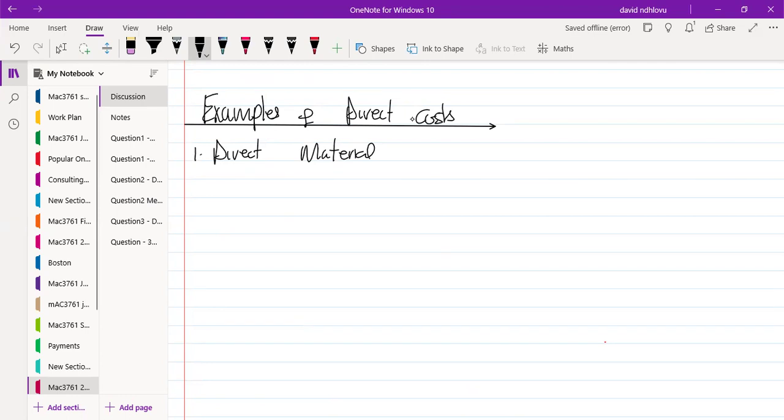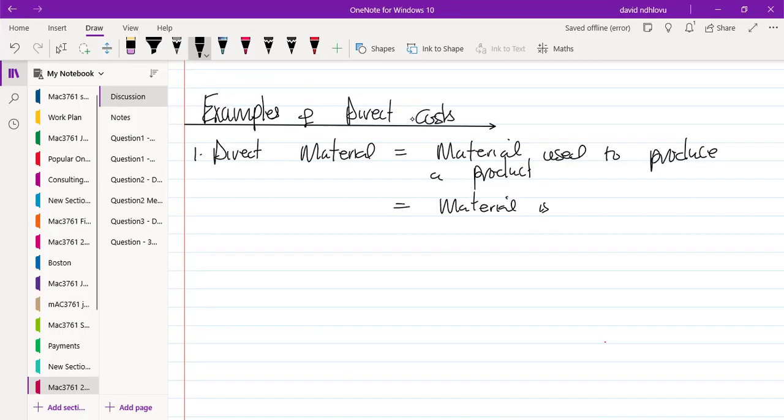When we talk about direct material, this is material used to produce a product. Material is usually variable, so it's usually direct. Normally when material has been used to produce a product, it tends to be a direct cost.